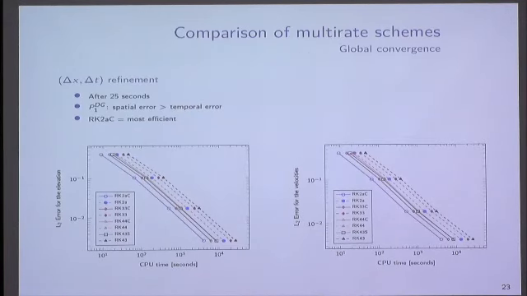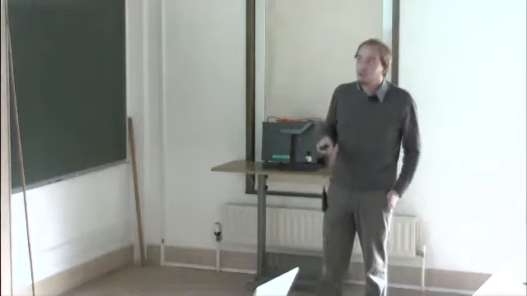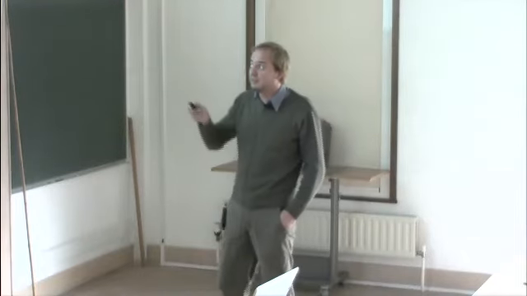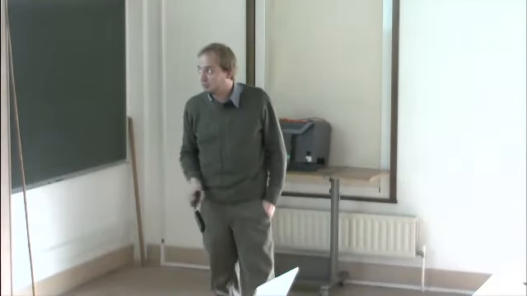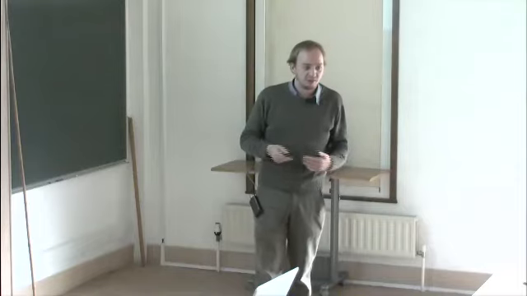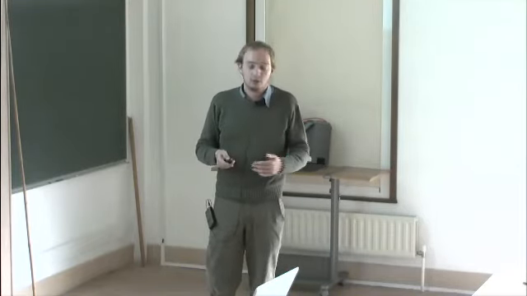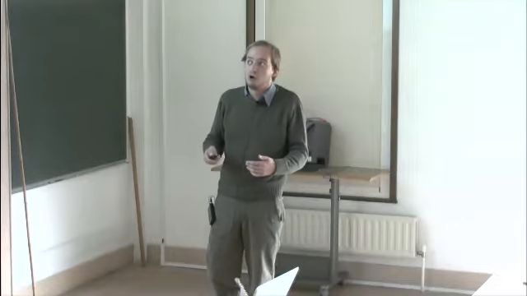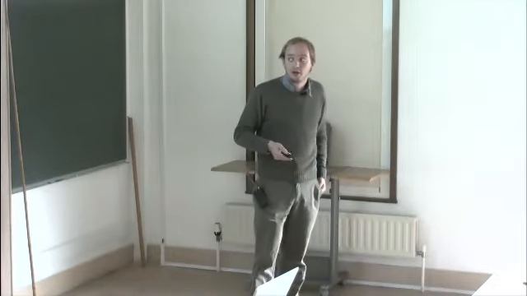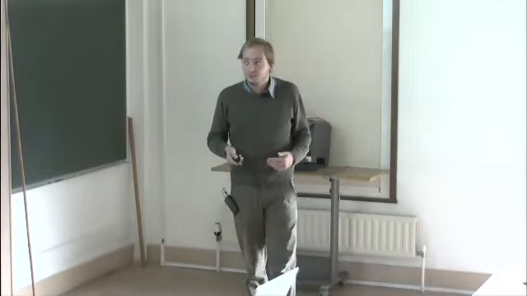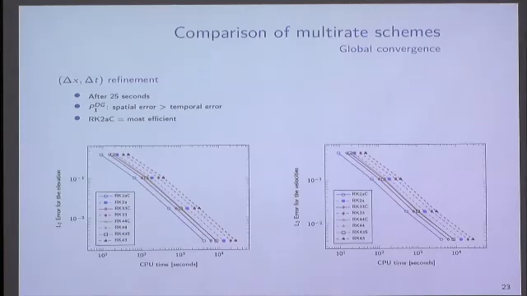But if you look at the space-time refinement, actually only space, but the time step will decrease also, you will see that the RK2AC, the multirate method, is the most efficient in terms of CPU time, because the spatial error is completely dominant in general when you use this CFL condition with low order DG discretization. You will have the spatial error that is completely dominant, and then here you will be really efficient and have the best global accuracy compared to the CPU time.